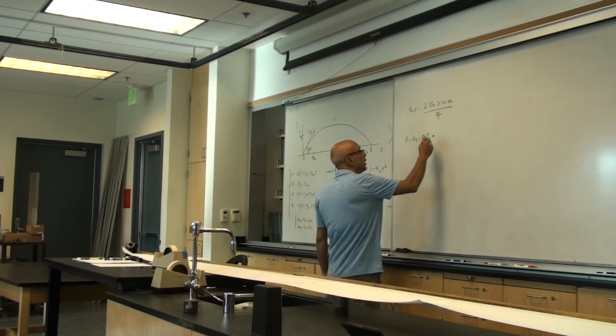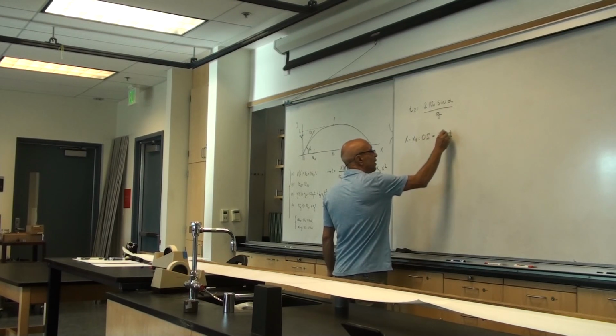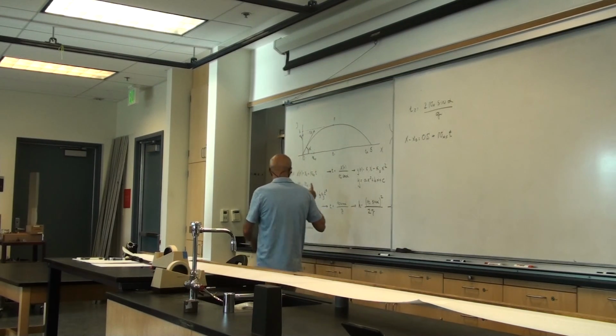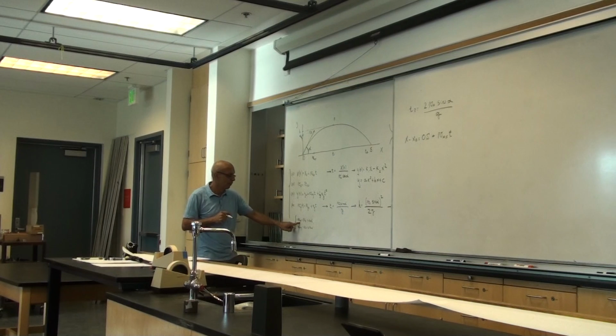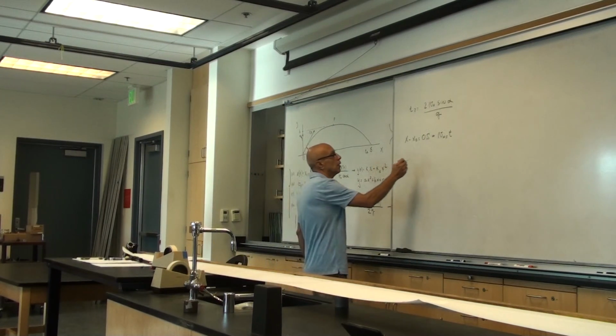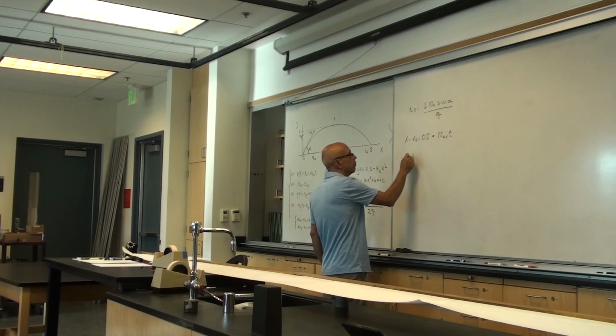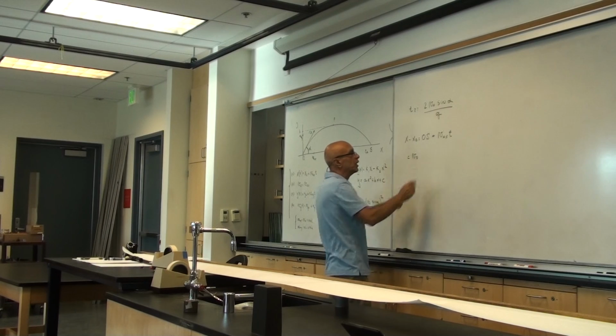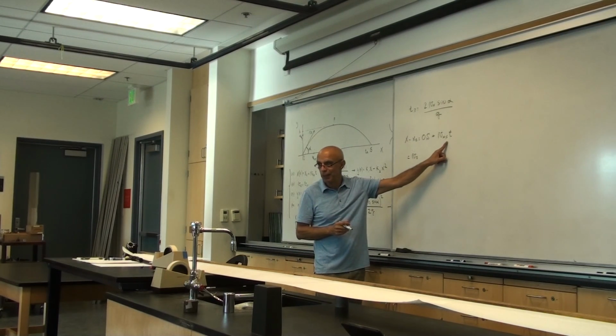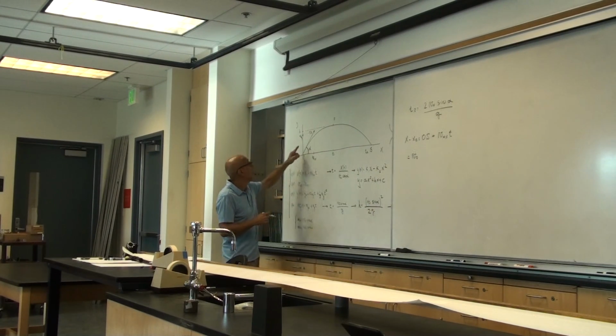And that is equal to V0x times t. But what is V0x? V0x is V0 cosine alpha. V0x is the projection of the initial velocity on the x-axis. Is that clear?